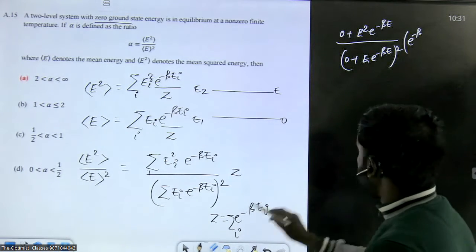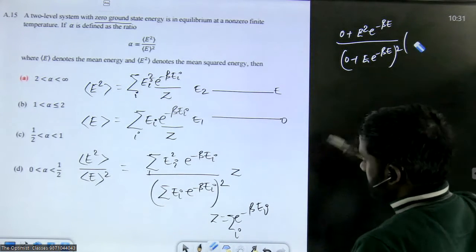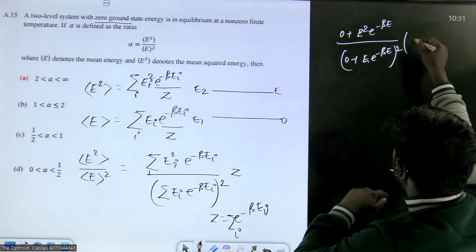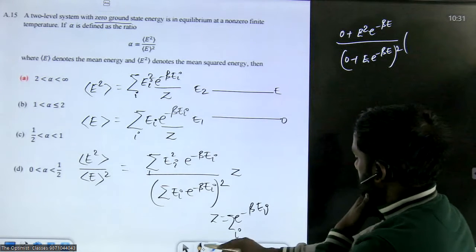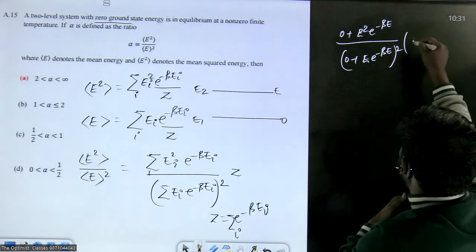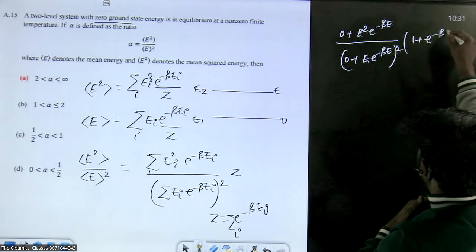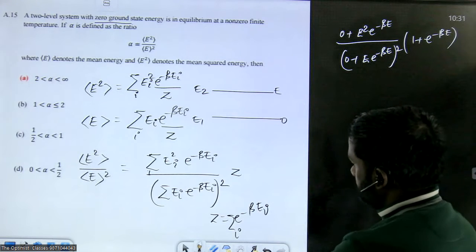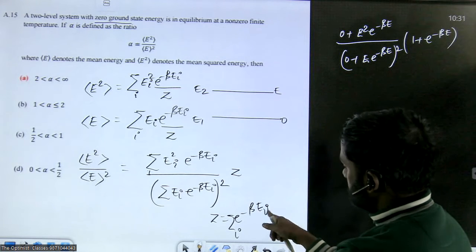So the Z term gives us 1 plus e to the power minus beta E. This we get. Summation on energy we have to do.